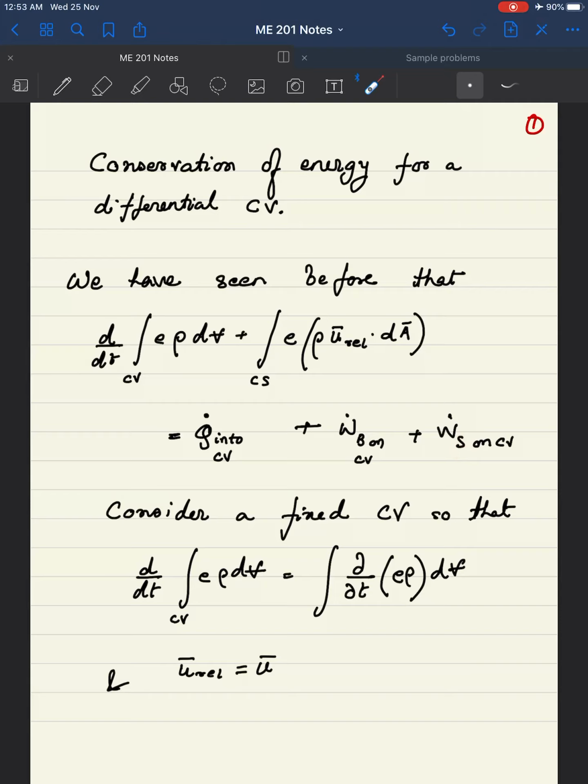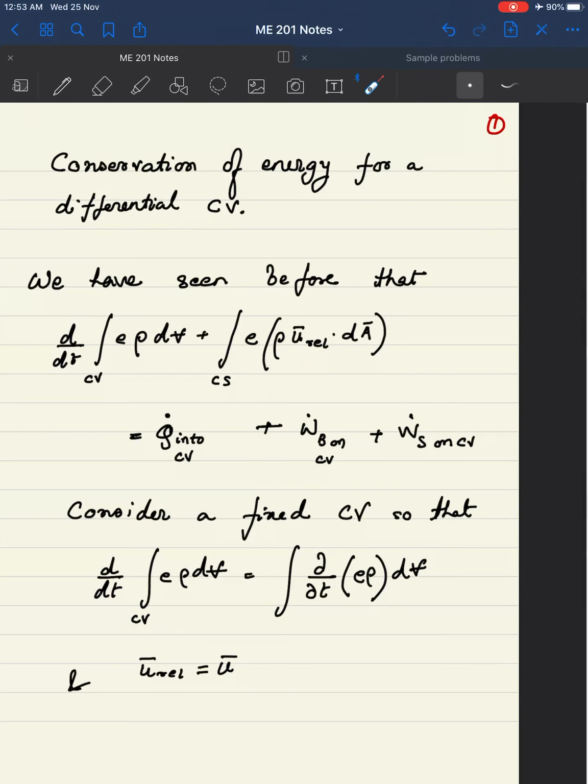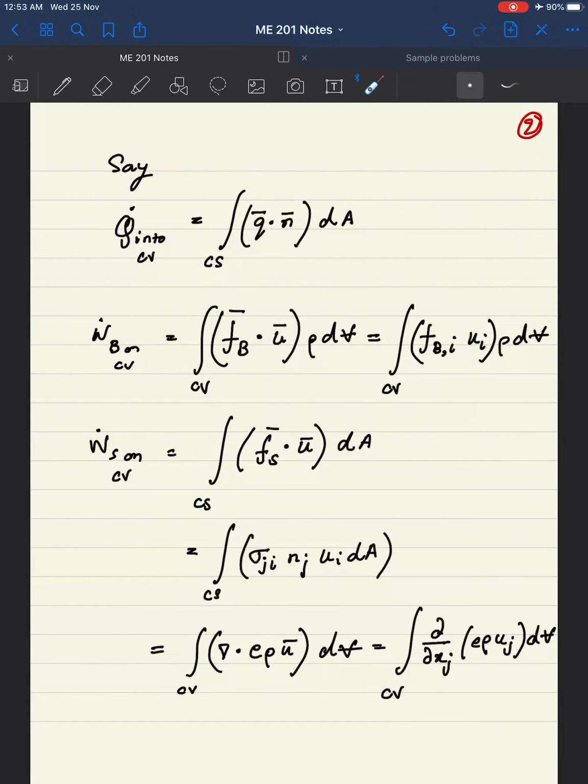So we just apply the same idea as before: consider a fixed control volume so that this d/dt can be taken inside, and then you repeat basically the procedure from before, where Q dot into the CV is some flux vector dotted with the n vector dA, and this is the work done on the control volume, which can be expressed in this form.